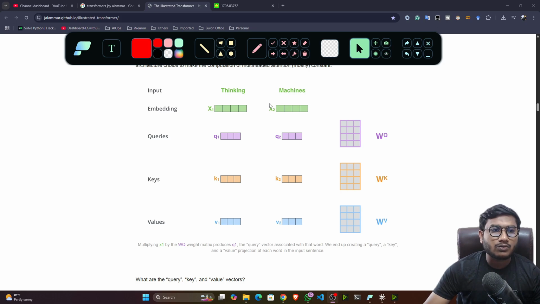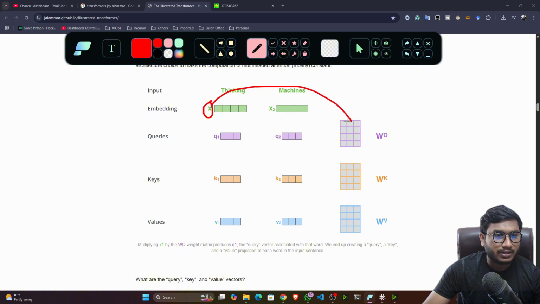If you multiply x2 with wq, you get q2. Similarly, if you multiply x1 with wk, you get k1, and x2 with wk gives k2. So let me take the pen. x1 is multiplied with wq and you get q1, x2 with wq gives q2.